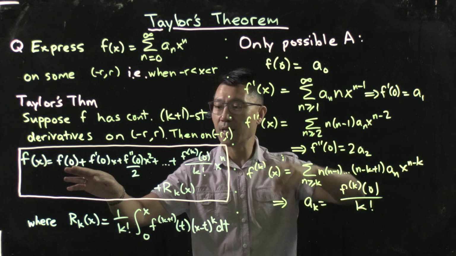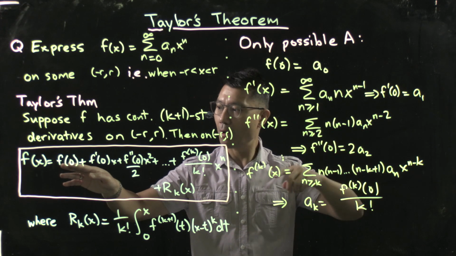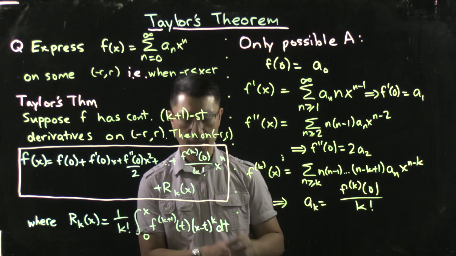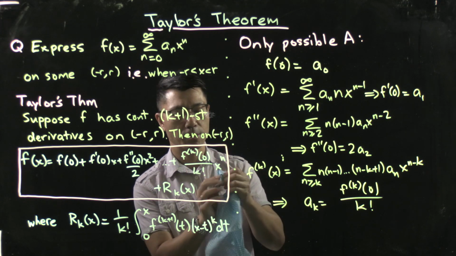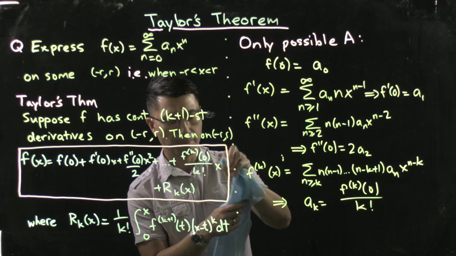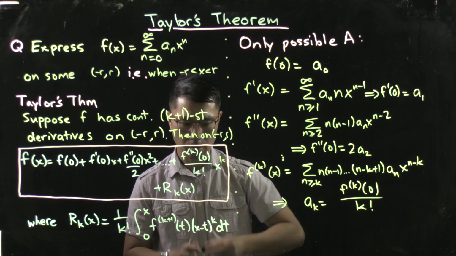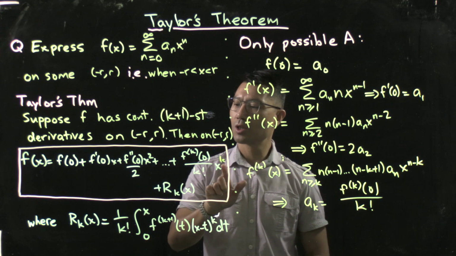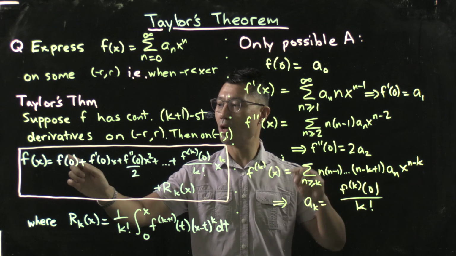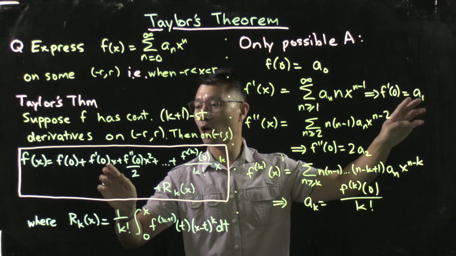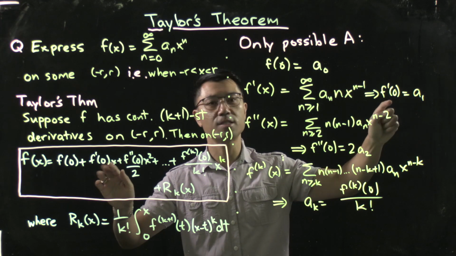all the terms that you see here going up to x to the k. So this should be a k here. Let me rewrite that. So x to the k here. And so what's that? So you have f of 0, that's my a0 term. Then your a1x term here should be f prime of 0.